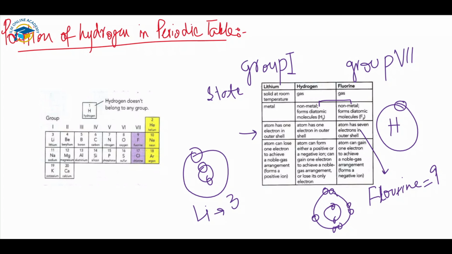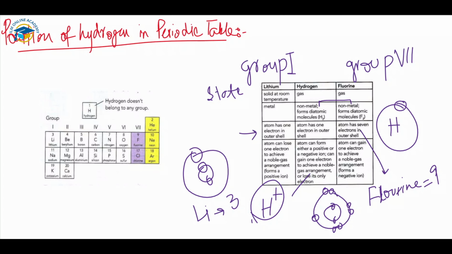The last comparison of hydrogen with the group 1 or group 7 elements is that a hydrogen atom can form either a positive or a negative ion. Mostly hydrogen forms the H positive ion, but H negative also exists. By donating the 1 electron present in hydrogen, hydrogen forms the H positive ion, or you can call it a proton, right?